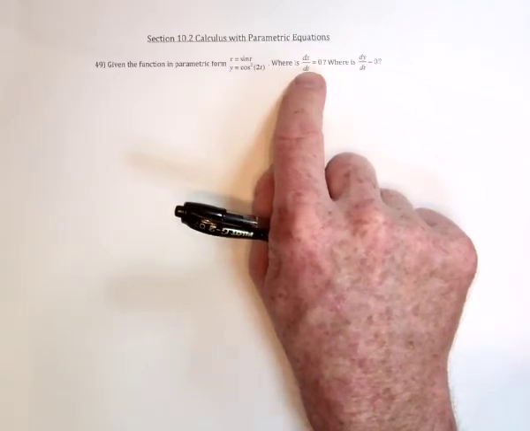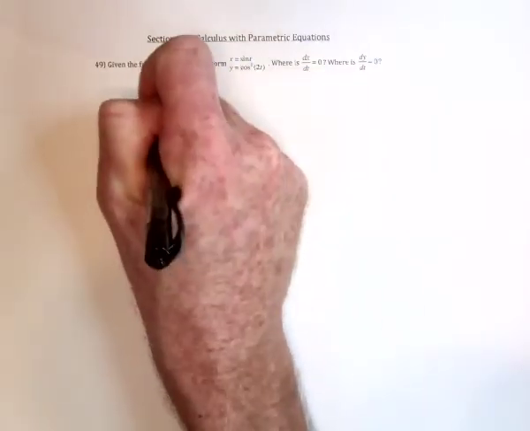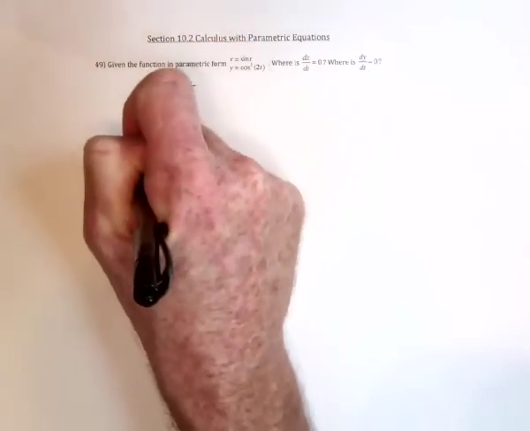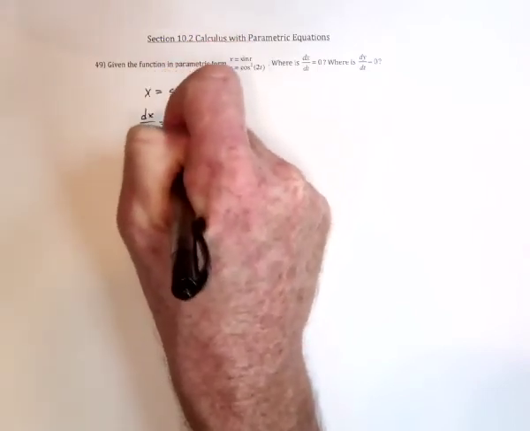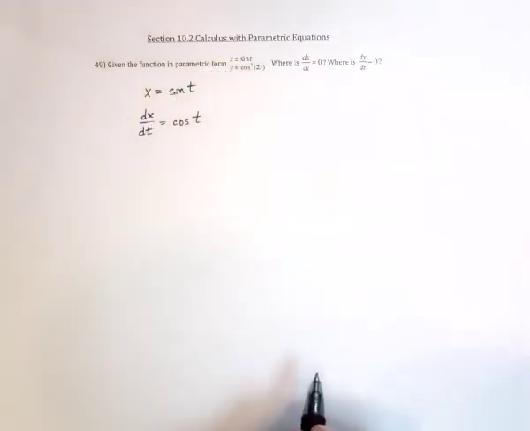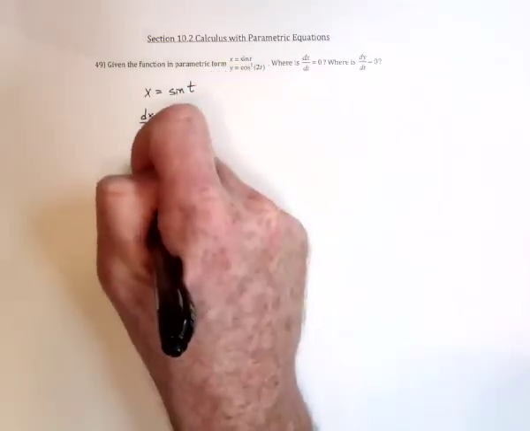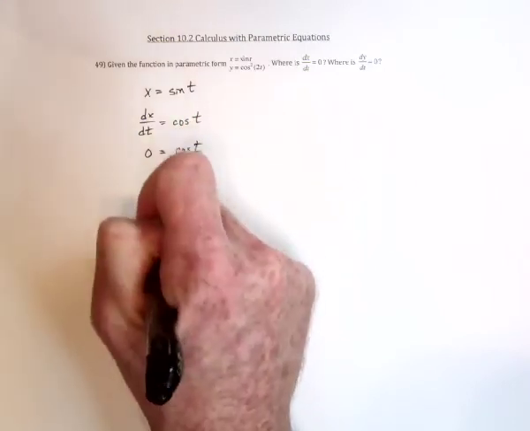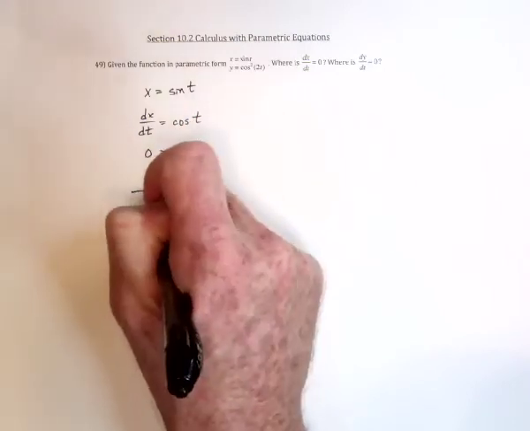So simply take x is equal to sine of t. So the derivative of x with respect to t will be cosine of t. Set that equal to 0. So this simply says, think about the cosine graph.